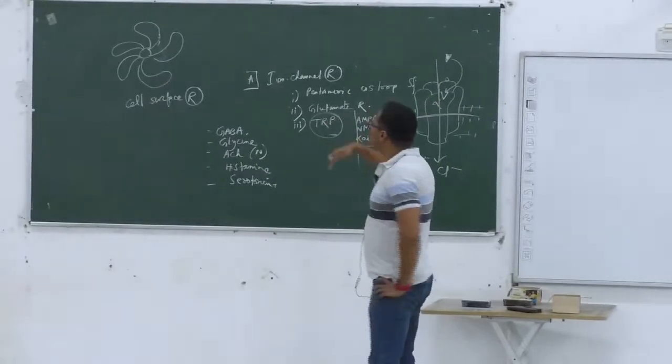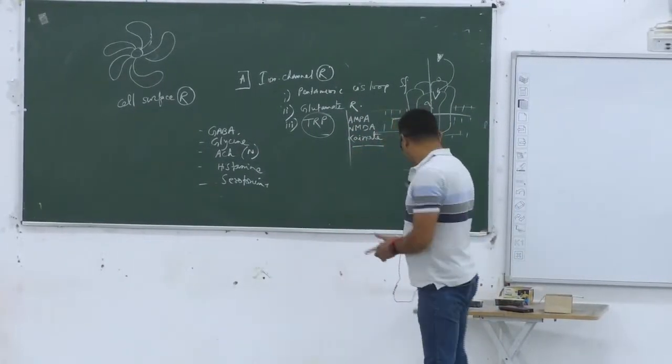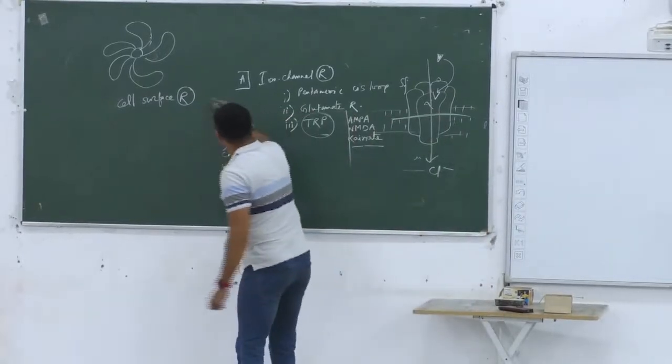Okay. Now the ion channel receptor is over, which is the first classification under cell surface receptor, right?